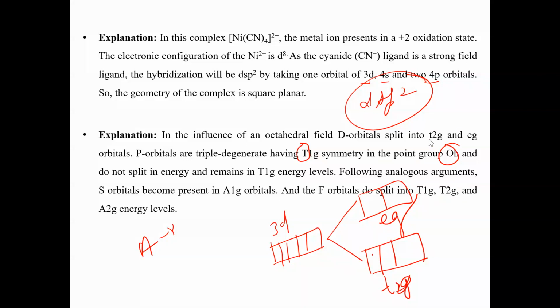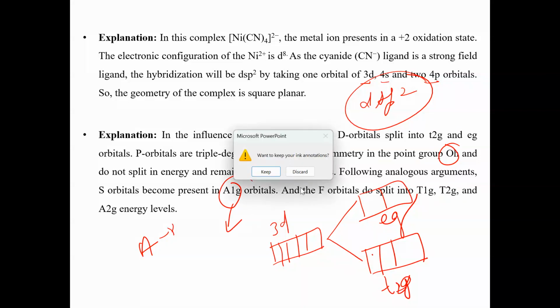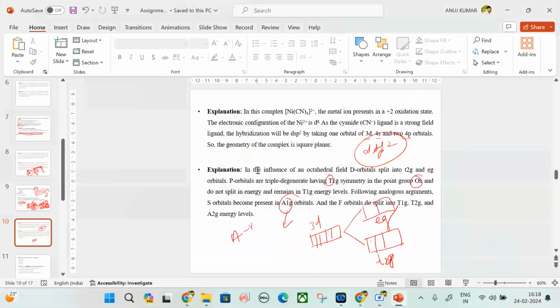Apart from that, s orbitals become present in a1g, that is basically a singly degenerate orbital. Okay, and the f orbitals do split into t1u, t2u and a2u energy levels.